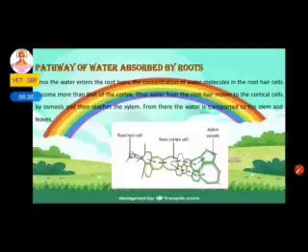Now the cortex region will be of higher concentration and the xylem will be of lower concentration. So water moves from higher concentration to lower concentration and reaches the xylem. From there the water is transported to the stem and leaf. This pathway of water absorbed by the root depends purely on diffusion. From the region of higher concentration to the region of lower concentration, the water molecules move and reach the xylem. After reaching the xylem, they are transported to the stem and leaf.